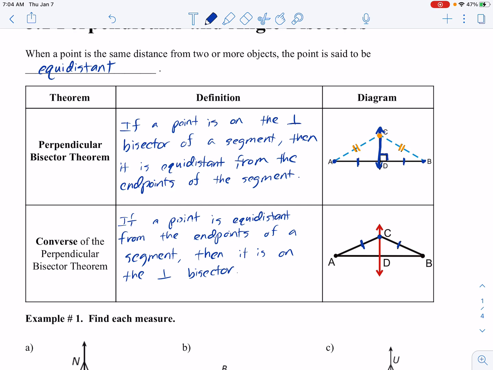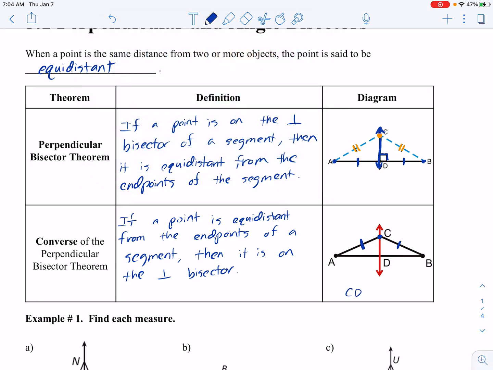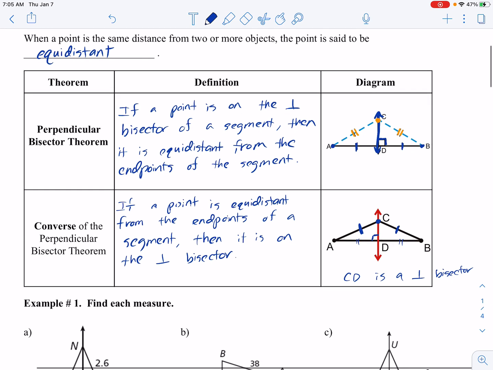And that's what we have right here. We have C and D. Oh, we don't know if D is equidistant yet, but we know that C is because it has these congruent markings here. So then we could state that CD is a perpendicular bisector, and it's perpendicularly bisecting AB. So this would be a 90-degree angle, and these two halves would be congruent.